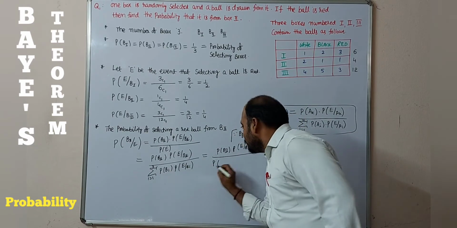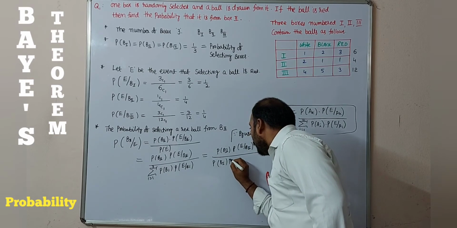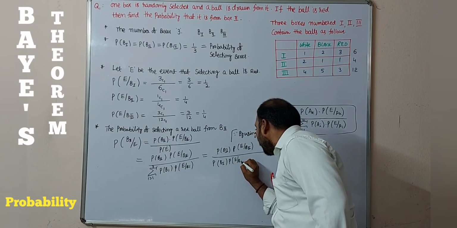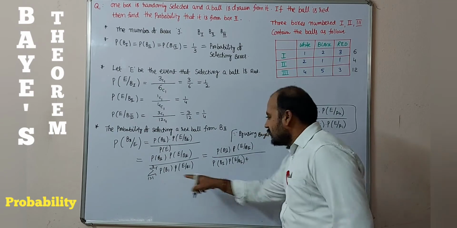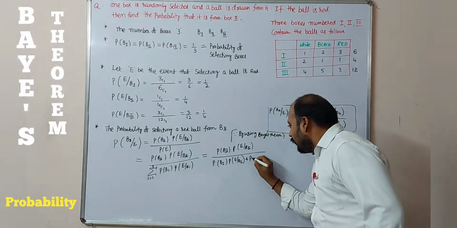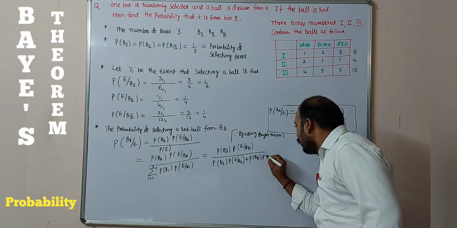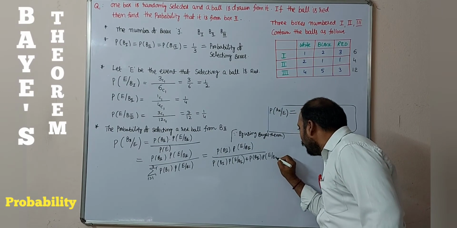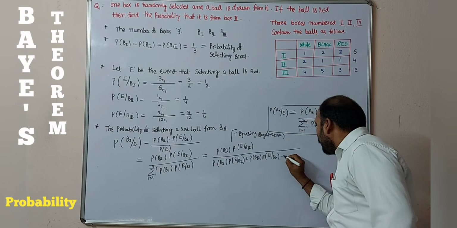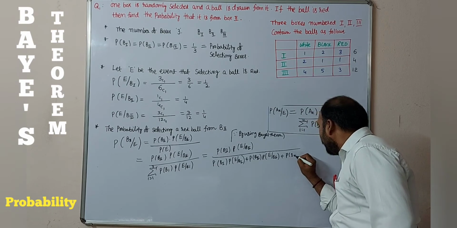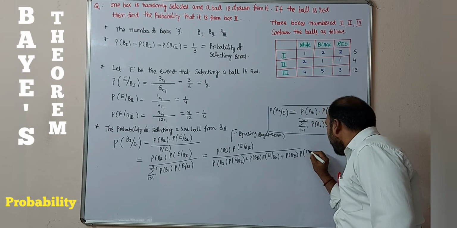Next I is equal to 1, substitute P of B1 into P of E by B1, plus, sigma means plus, I is equal to 2. So P of B2 into P of E by B2 plus P of B3 into P of E by B3.